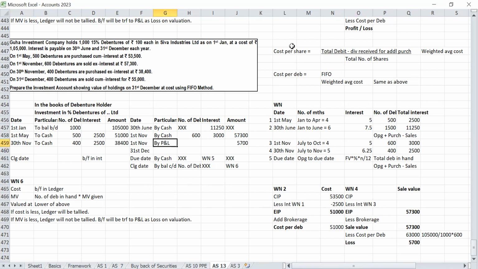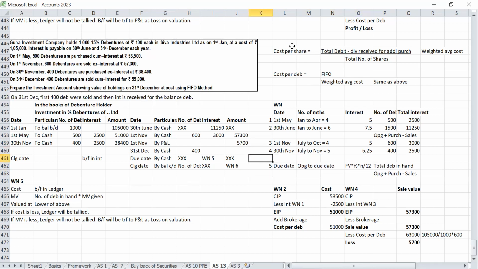So what general assumption will we make now? On 31st December, first 400 debentures were sold and then interest is received from the company for the balance debentures. Like that we will assume. So first, on 31st December, by cash, 400 debentures. Interest we have to compute. On 31st December, the interest comes for 6 months, July to December.